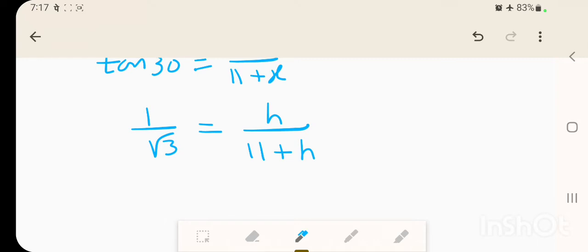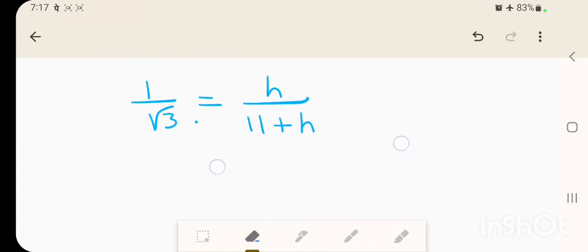Okay, so you're going to do the cross multiplication here. Simplify this and do the cross multiplication.